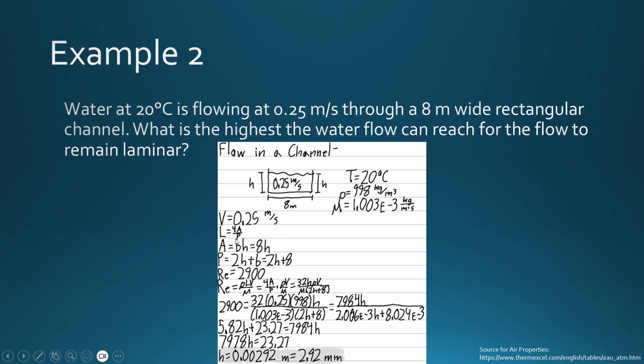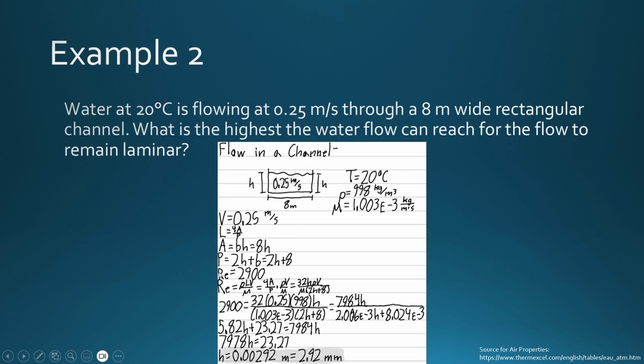And here, if you remember, the equation for the hydraulic diameter is going to be 4 times the cross-sectional area over the perimeter. Our cross-sectional area, because this is a rectangle, will be base times height. And just plugging in our base, which is known, we get 8 times h. For the wetted perimeter, we have the 2 h's plus the 8 meters down here.